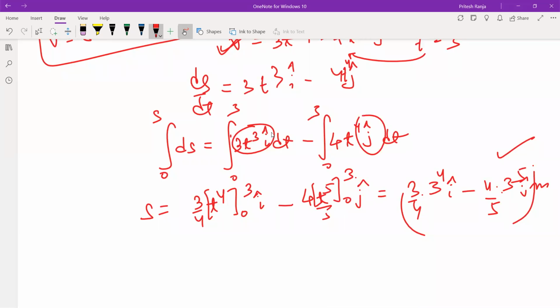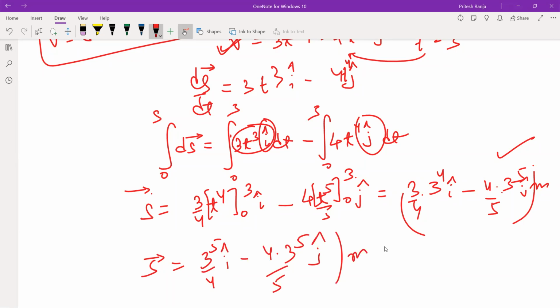So we get the displacement vector as 3 to the power 5 by 4 i cap minus 4 into 3 to the power 5 by 5 j cap, and we will write meters. You can condense it and write it down.